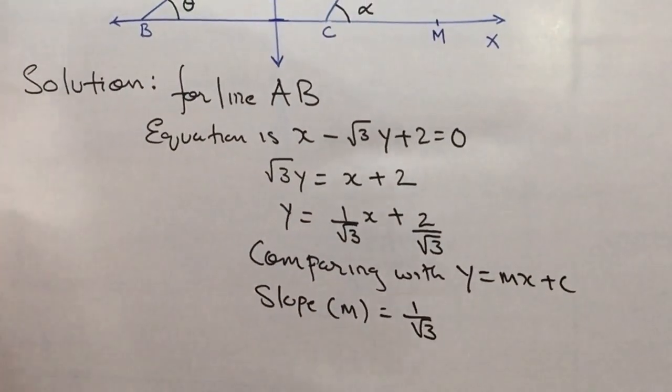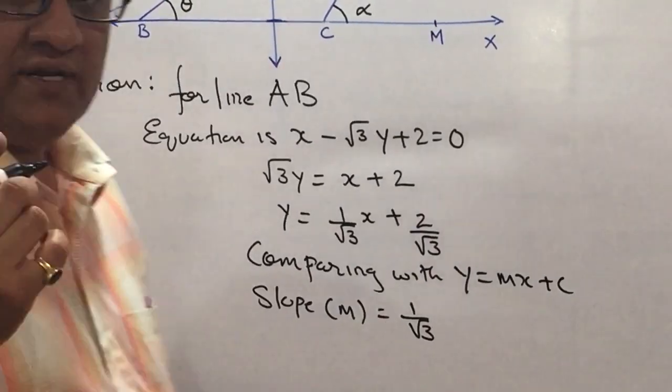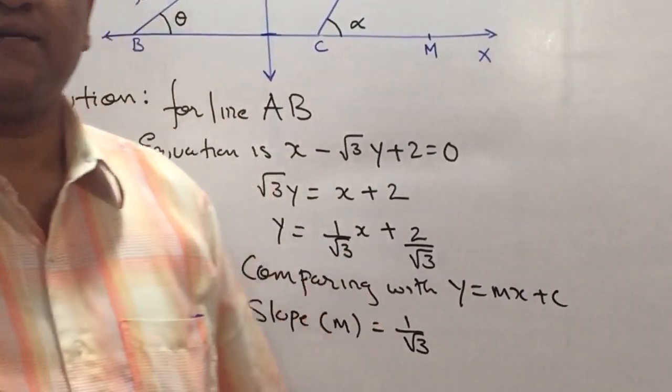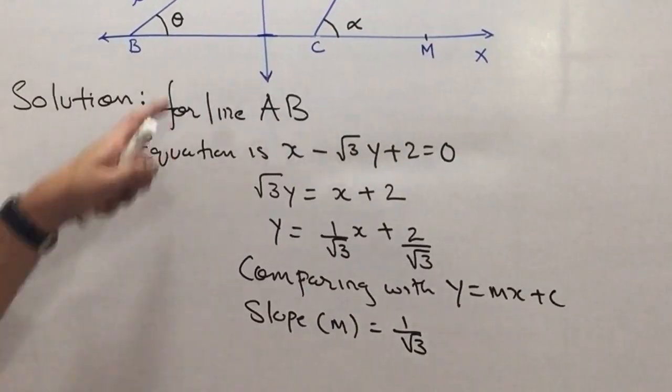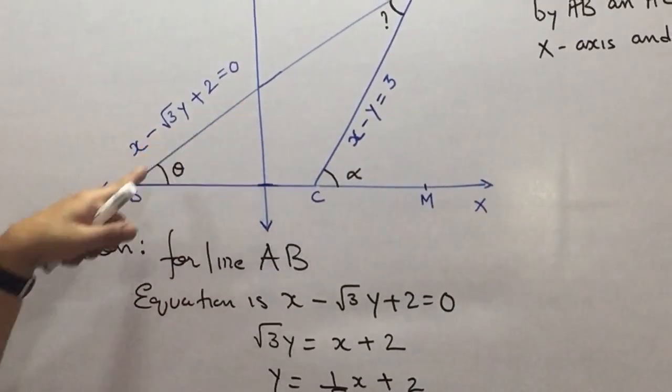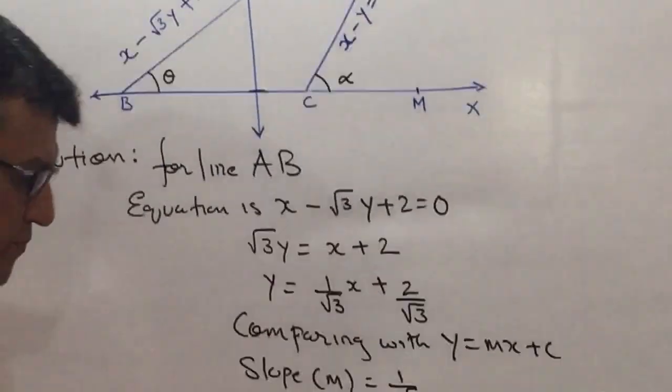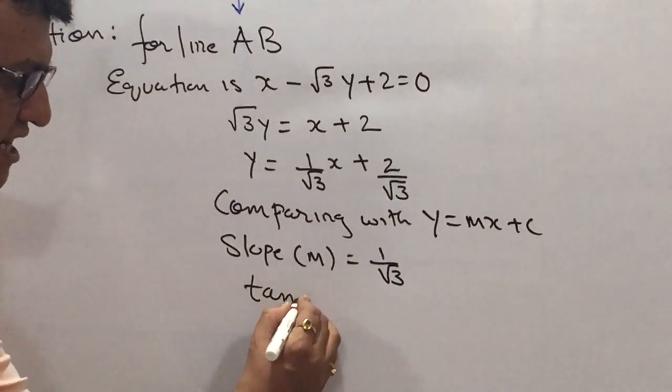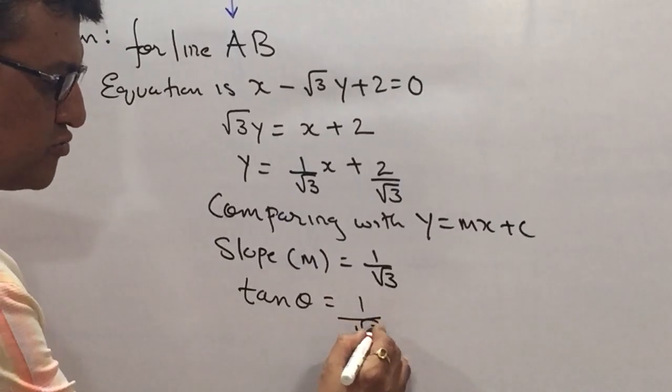But the definition of slope, can anybody tell me what is the definition of slope? Yes, rightly said. Slope is nothing but tan theta. So here theta is the angle we have asked for, the angle AB makes with x-axis. So we can say slope is nothing but tan theta equals 1 by root 3.